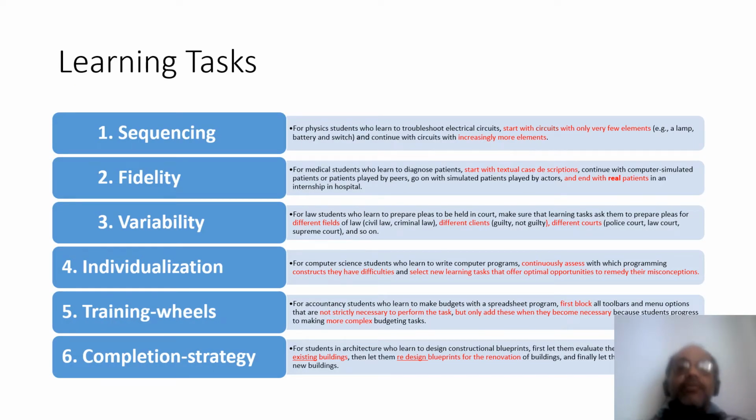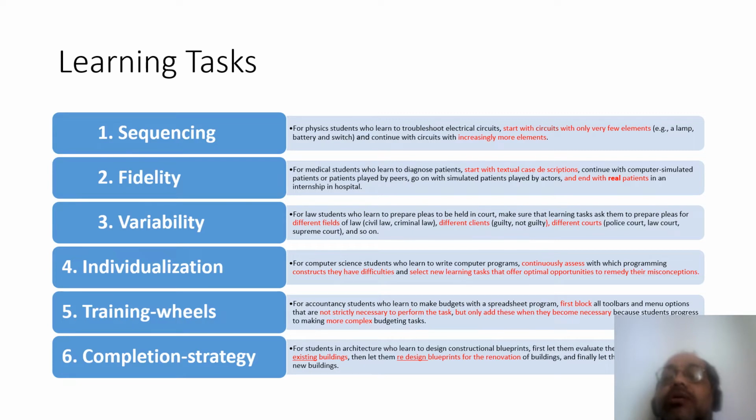So let's look at sequencing. Sequencing, for example, is that for physics students, and you can substitute your own subject in there, or learn to troubleshoot electrical circuits, and again you can put in your own subject there. Here's the idea that you sequence it.